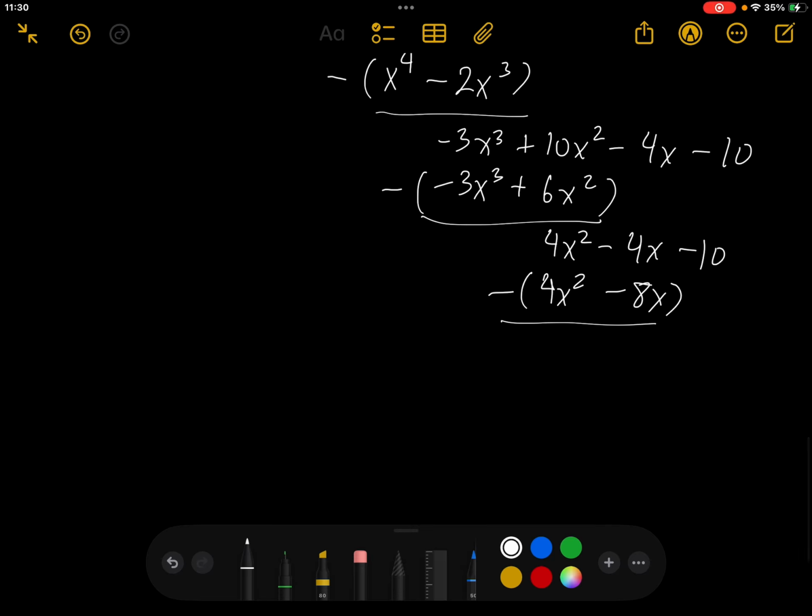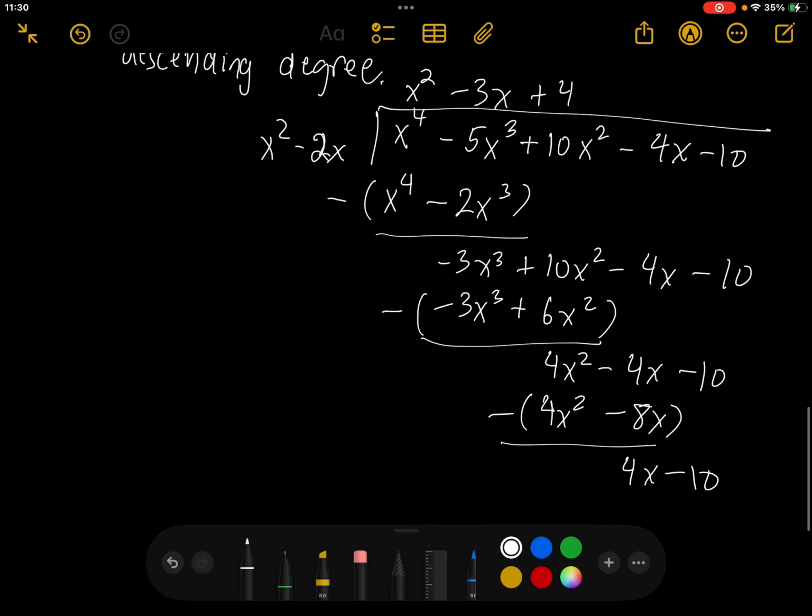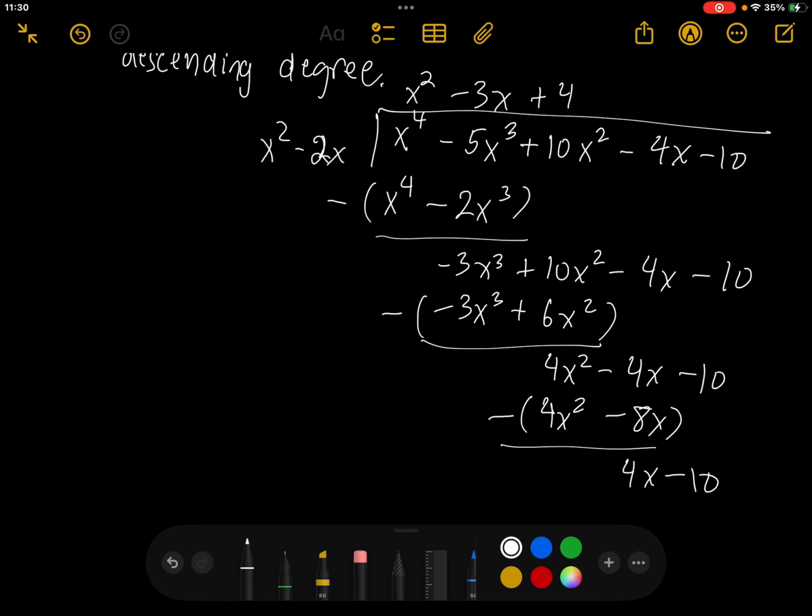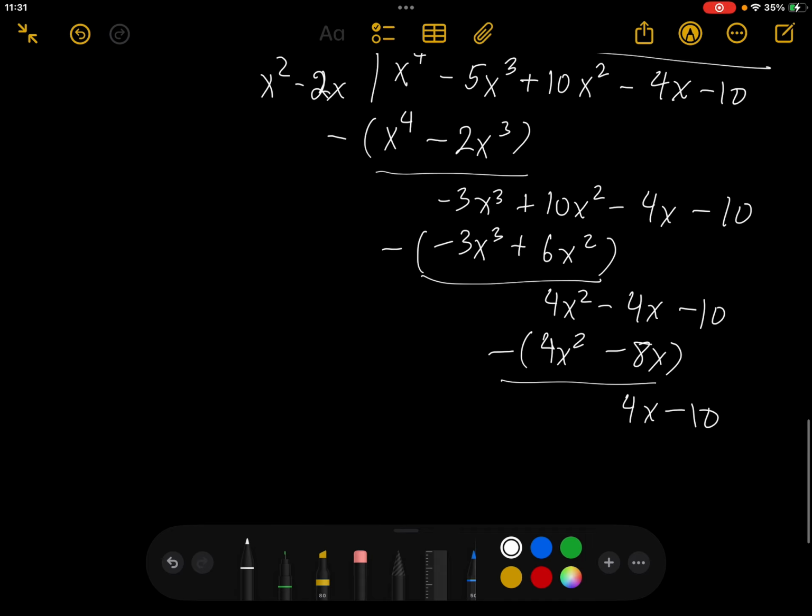Subtract: negative 4 plus 8 is 4x minus 10. Now here, there's no more part of the polynomial I can multiply by x squared minus 2x to get 4x minus 10, because the degree of 4x minus 10 is 1.